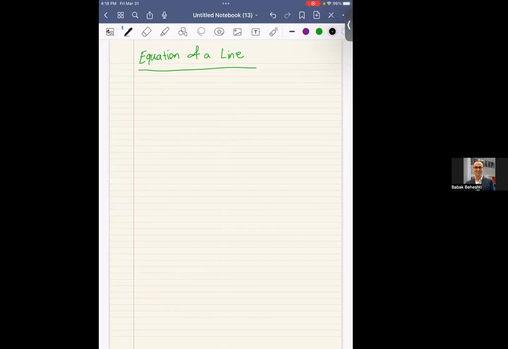So given a point and a direction, there is a unique line that passes through that point in that direction. So the equation of a line passing through, let's say, R0 equal to x0, y0, z0.